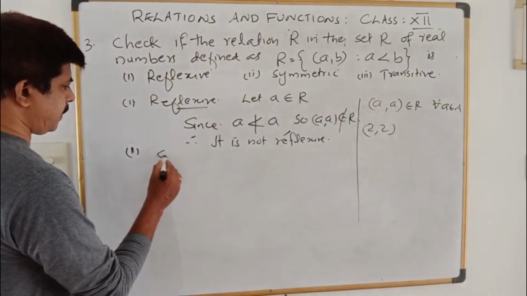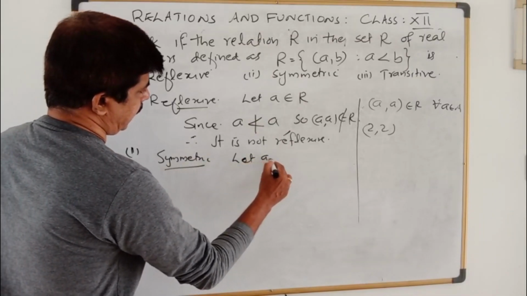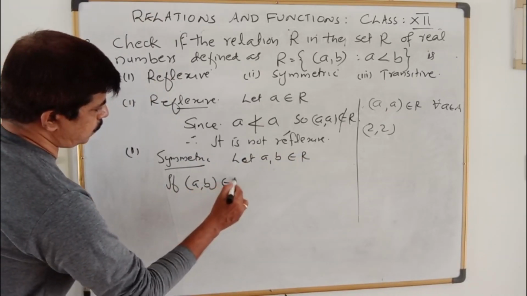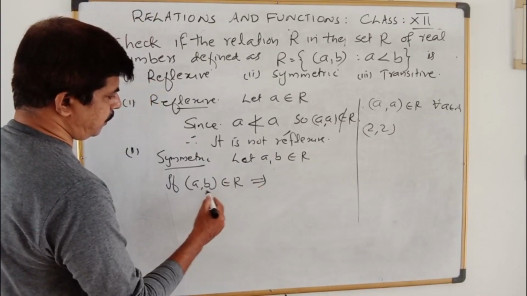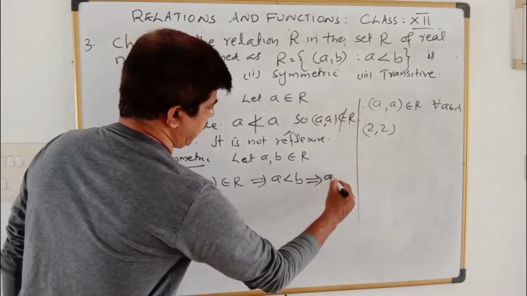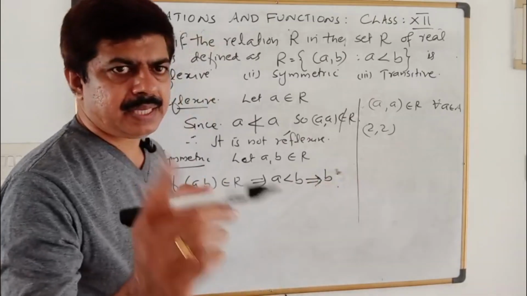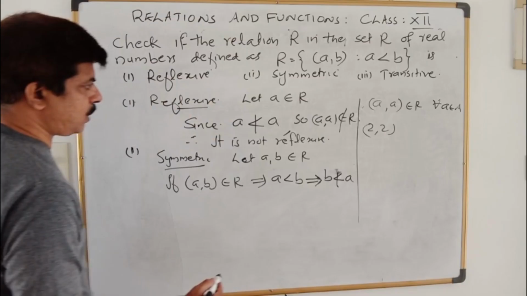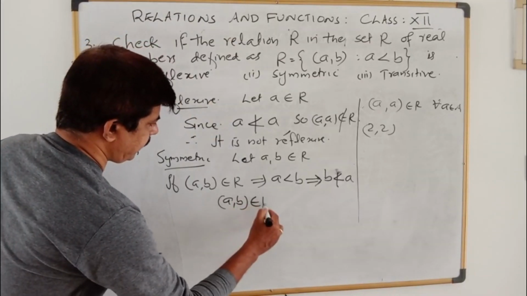To check symmetric, what do you do? Let A, B belong to R. If an ordered pair A, B belongs to R, say A less than B, we cannot say that B less than A. B cannot be less than A. So what will you write?